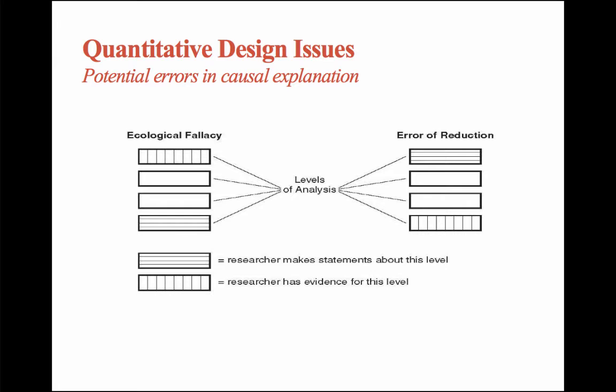Then another error made in causal explanations is either the ecological fallacy or the error of reduction. In the ecological fallacy, the problem is that I'm looking at a problem that exists in the overall world, but then I'm making a generalization and applying it to a small area.